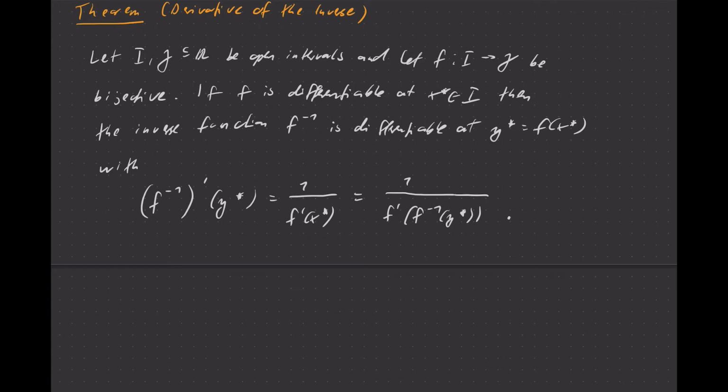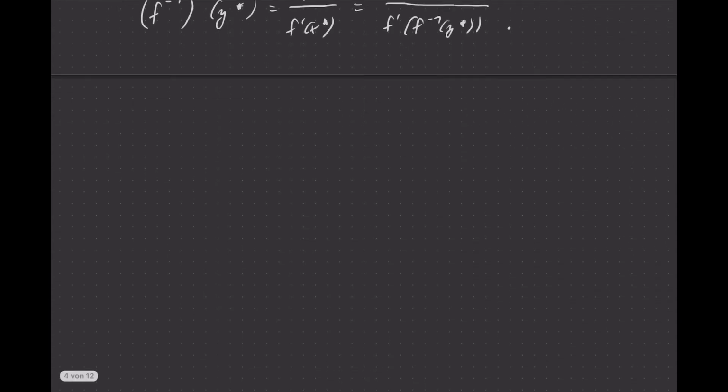Now let's have a look at an example to see how we can apply that. And the function that we want to use here as an example is the nth root.